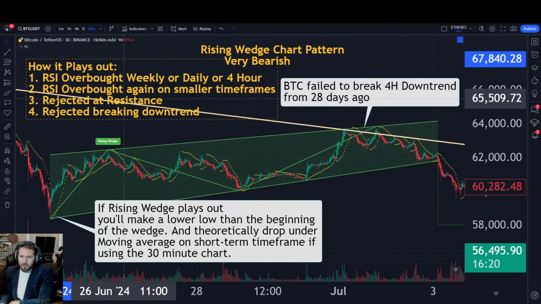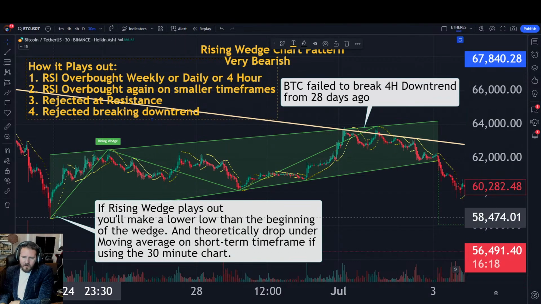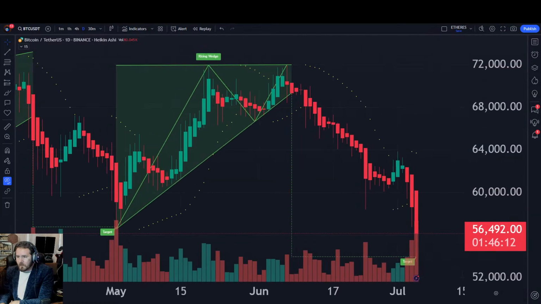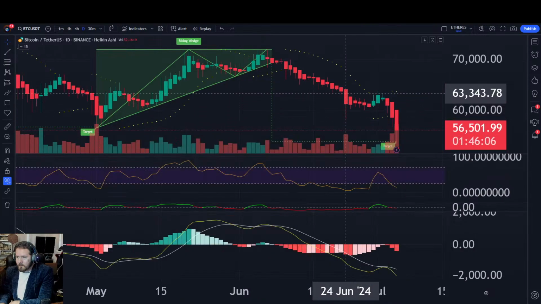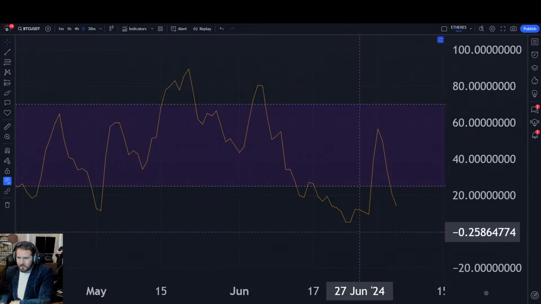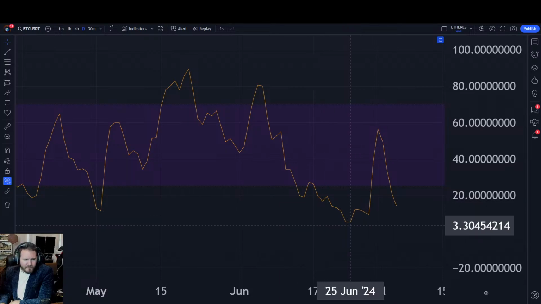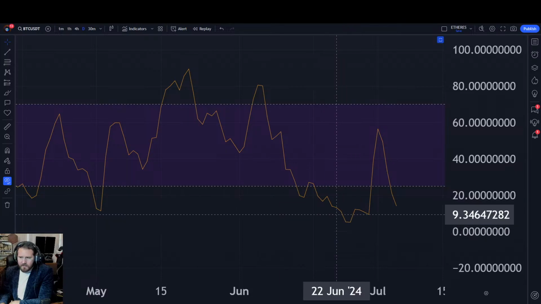So the RSI on the weekly and daily, let's check out what that RSI was on June 24th on that day. So June 24th, back here. The daily RSI was already oversold on the daily. And it wasn't like this at the beginning of that day, it's more like this.